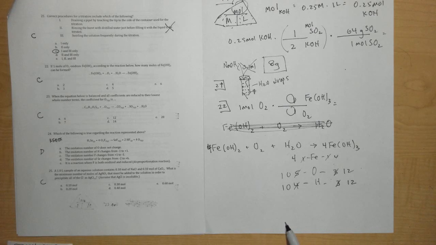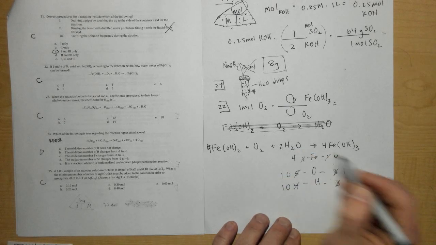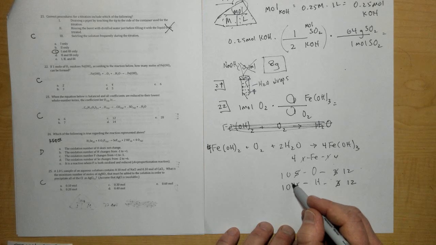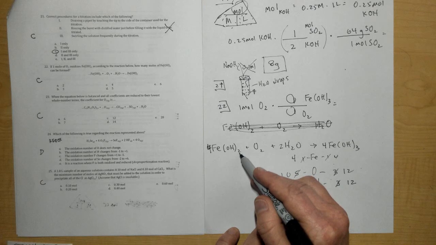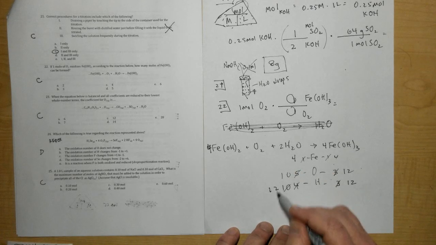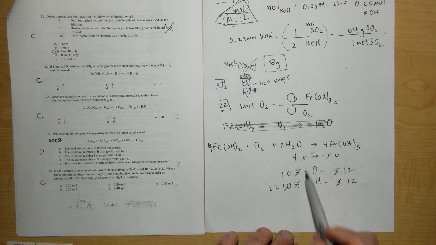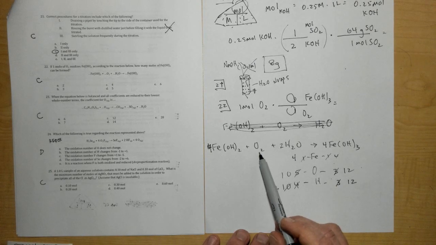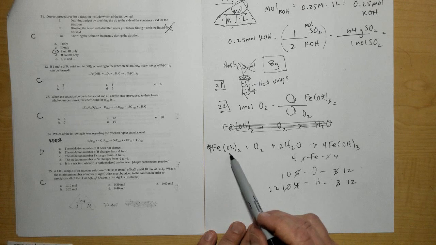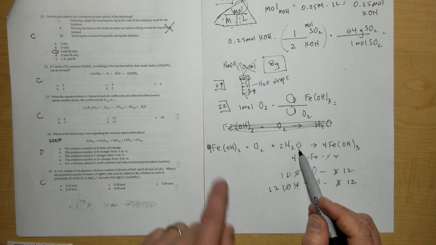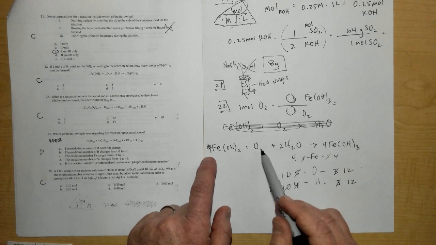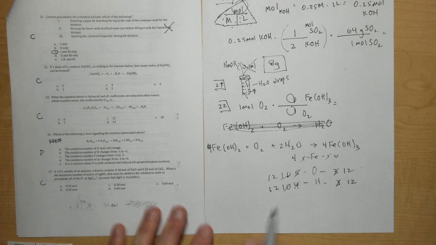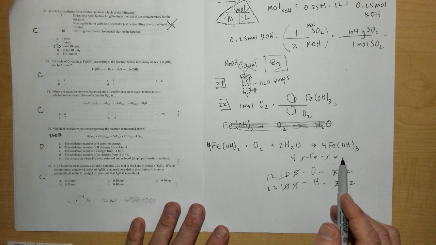Now, I think I could put a 2 right here, and I'd end up with 2 more hydrogens. So I'd end up with 4 plus 8 is 12. And I'd have 2 more oxygens right here. And 2 plus 8 is 10. 2 plus 2 more is 12. Oh yeah, I think I've got it. And so I think that's my balanced chemical equation.